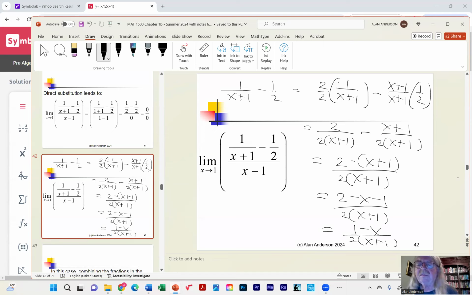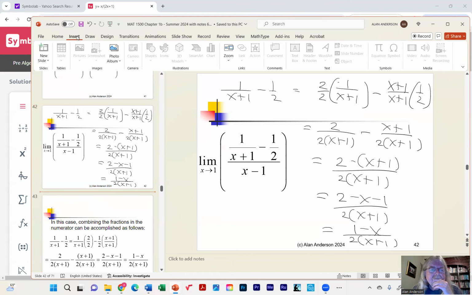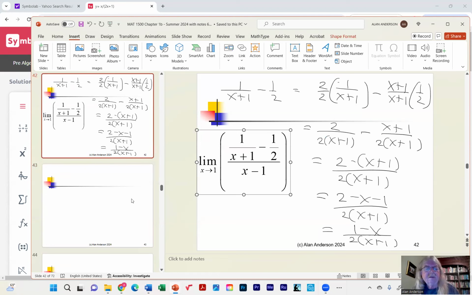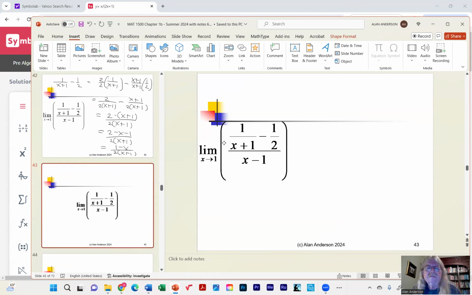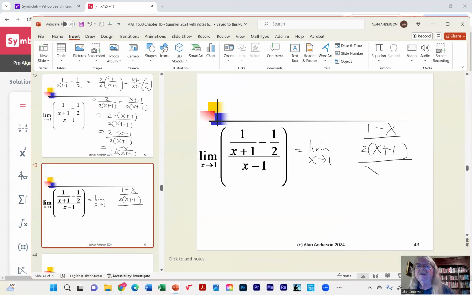Now that's the numerator. So you maybe can see where this is going. So that means that our numerator, like I said, is 1 minus x over 2x plus 1. In the denominator, we still have x minus 1.